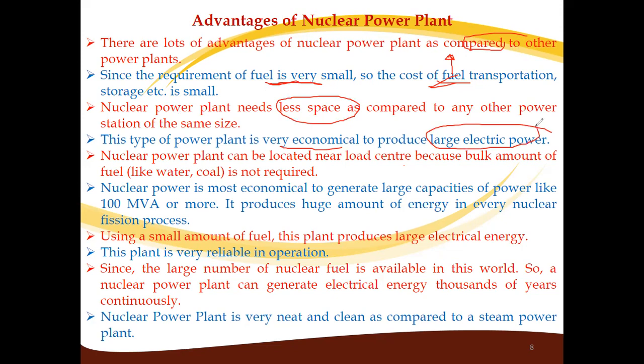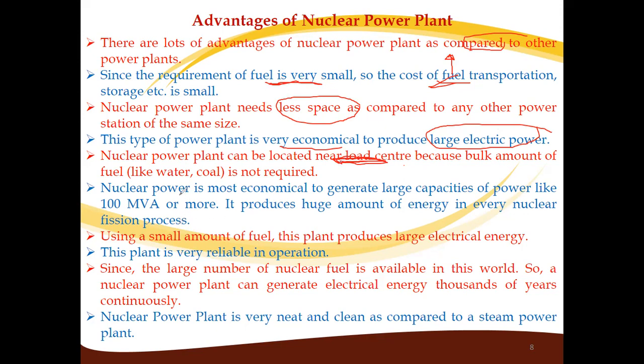So we can produce a very large amount of electricity by using this nuclear power plant. Next, a nuclear power plant can be located near the load center, so we can avoid this transmission cost or transmission loss. Also, the fuel does not require coal or a large amount of water. A small amount of water is required.